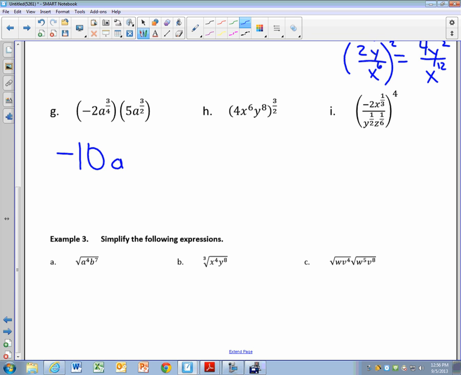What do I do to the exponents? I add them. Here I have 3/4, here I have 3/2. How do you add fractions? Common denominators, very good. And what would the common denominator be? So turn 3/2 into fourths, 6/4, add them together, 9/4. Good.